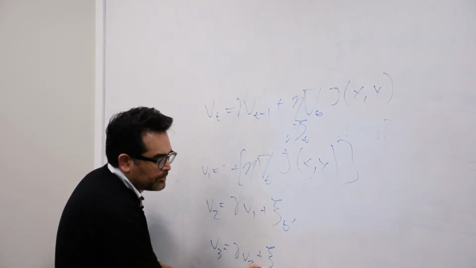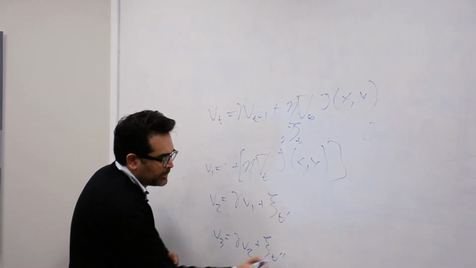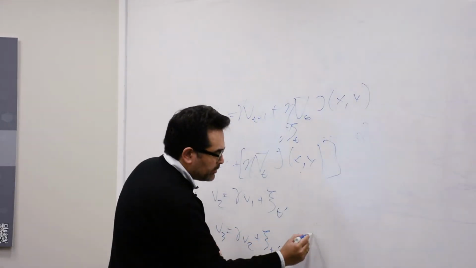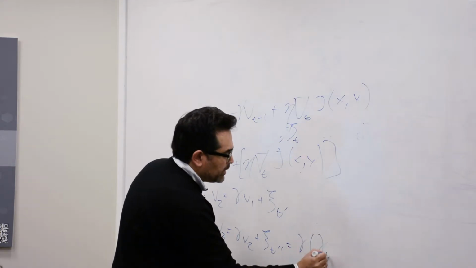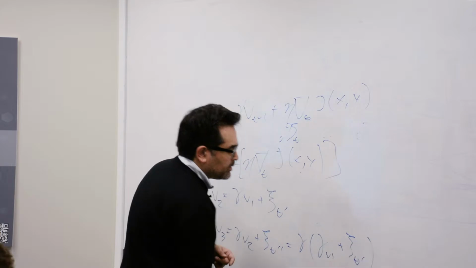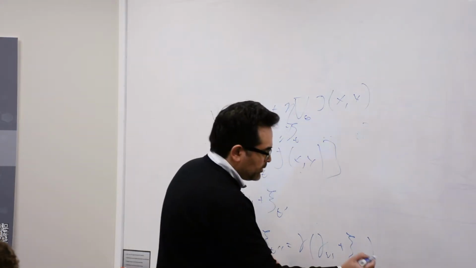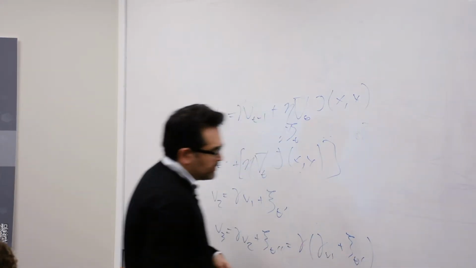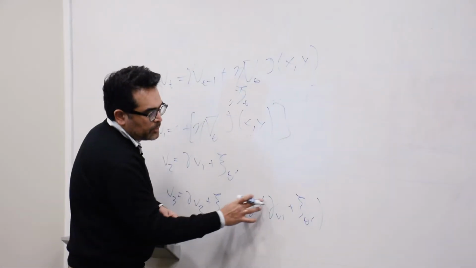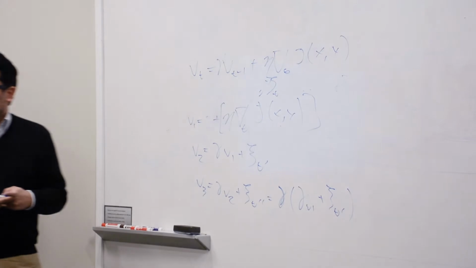plus theta prime. And if you plug that in, you end up with gamma v1 plus, and gamma v1 you can also expand out and so on. But what you notice is that this gamma, when you multiply that in, increases exponentially.